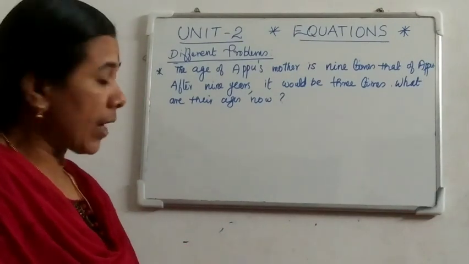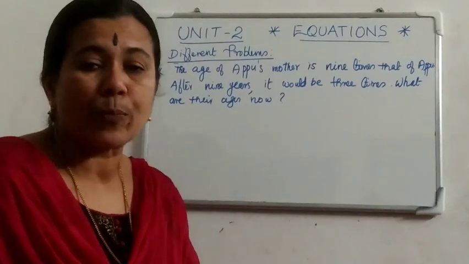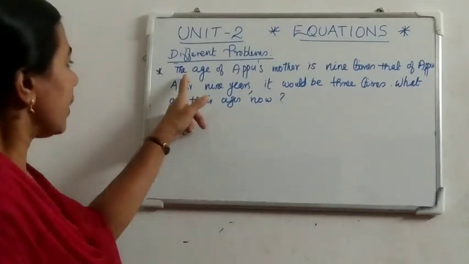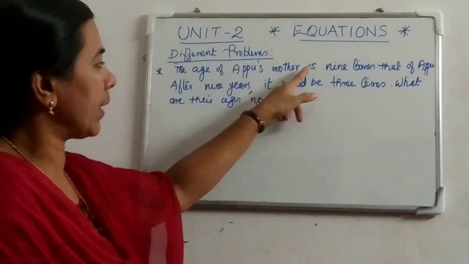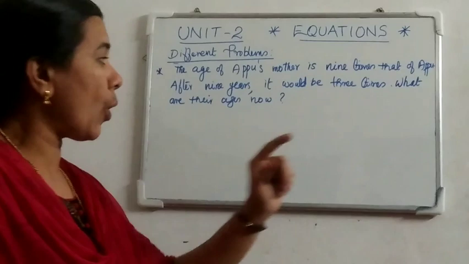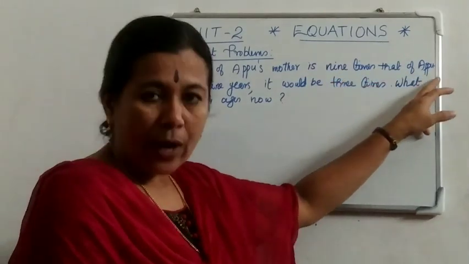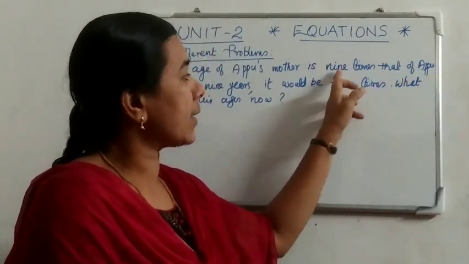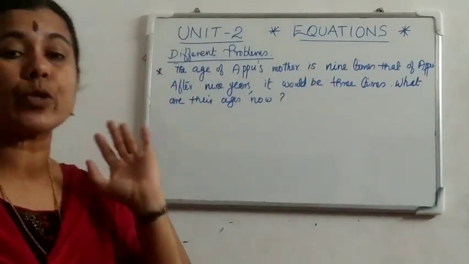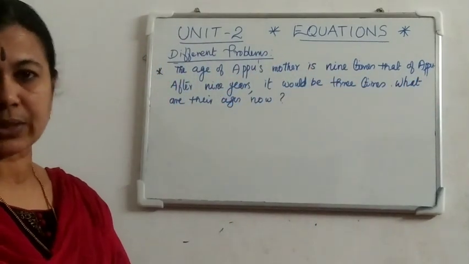Then, what do we want to find? Ages of Apu and Apu's mother. Then look at the problem. The age of Apu's mother is 9 times that of Apu. If you know the age of Apu, you take 9 times of that, you will get the age of Apu's mother. Right?